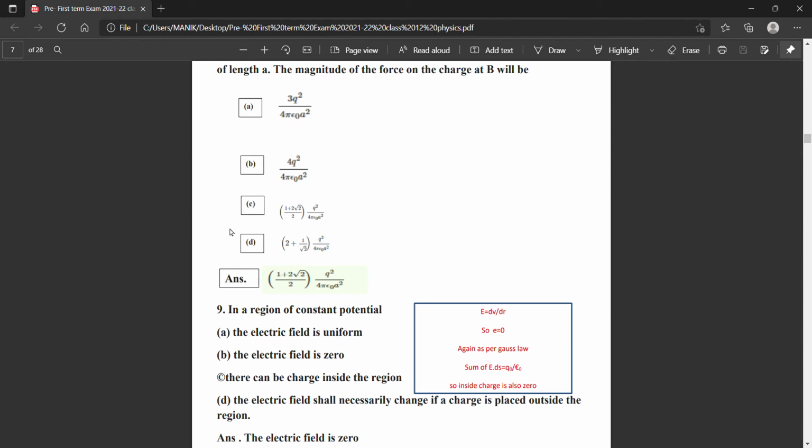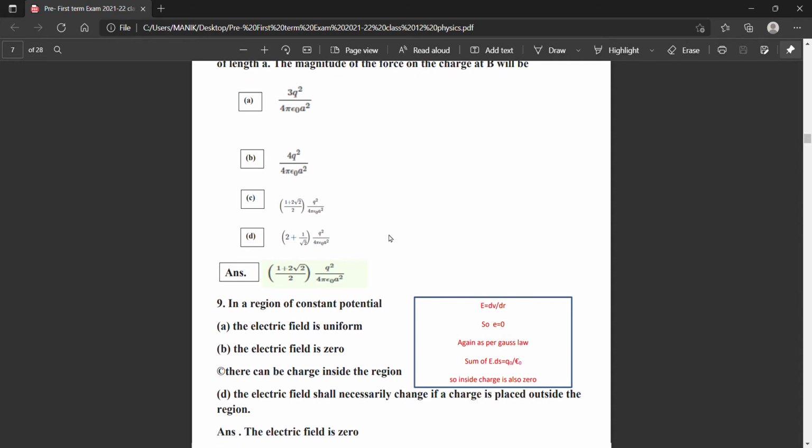So the answer is option C. If you want to understand how this has come, I am going to upload another video where the fundamentals of these topics will be given. So here I am not discussing. Here I am actually concentrating on the answer only. If necessary, I am just giving a little bit of explanation. So go to the next question.